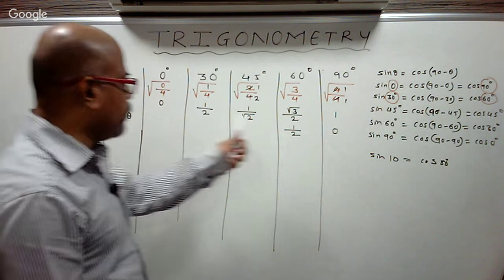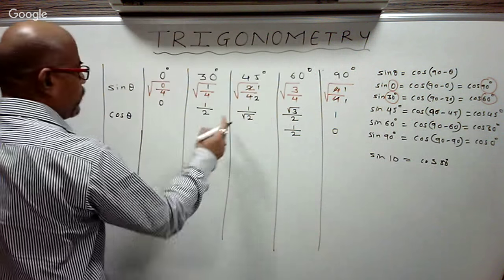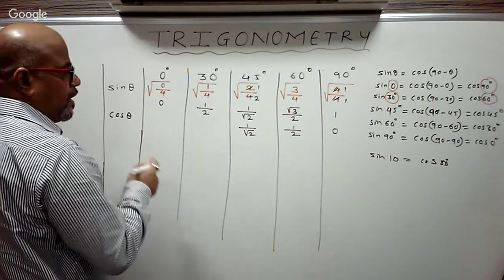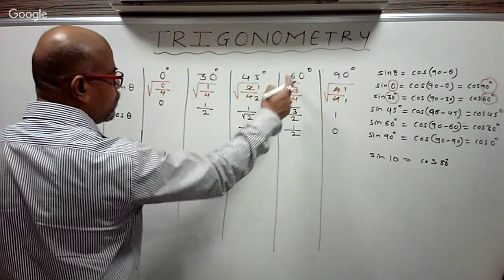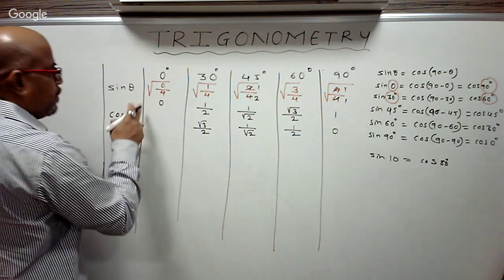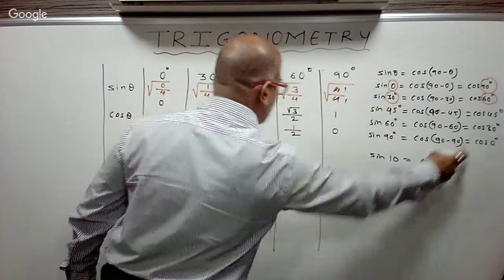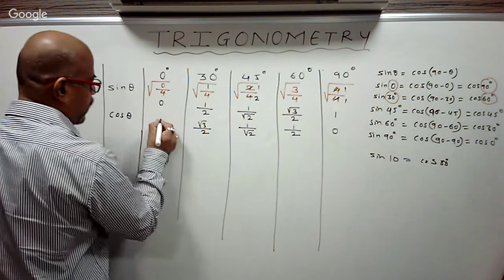Then sin 45 equals cos 45. The value of sin 45 is 1 by root 2, here I write 1 by root 2. Then sin 60 equals cos 30. Therefore cos 30 equals the value of sin 60, that is root 3 by 2. And here, last, sin 90 equals cos 0. Cos 0 equals sin 90, value is 1.